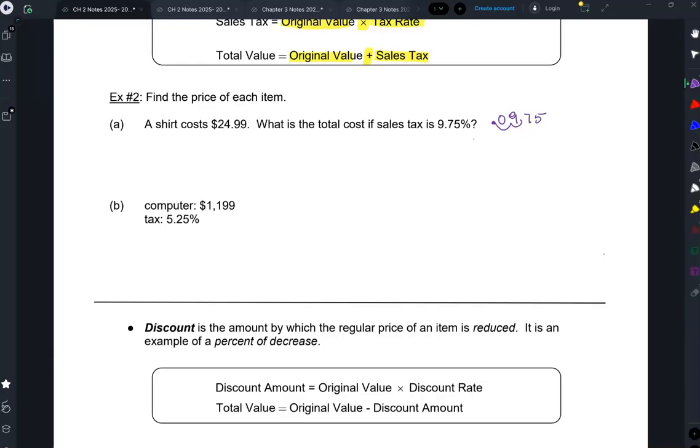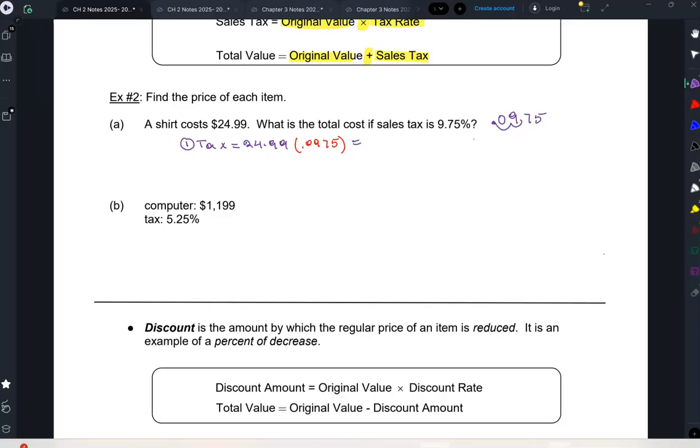Okay, this is a two-step problem. Number one, I need to figure out how much the tax is. So I take $24.99 times 0.0975. Okay? This goes in my calculator.